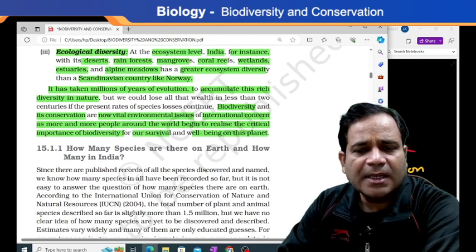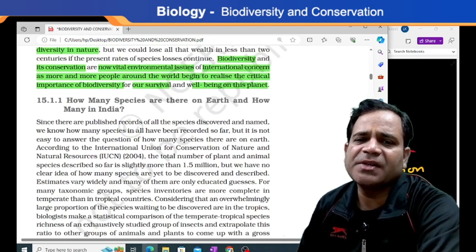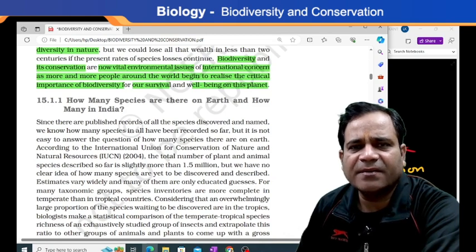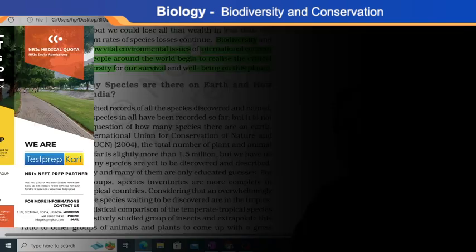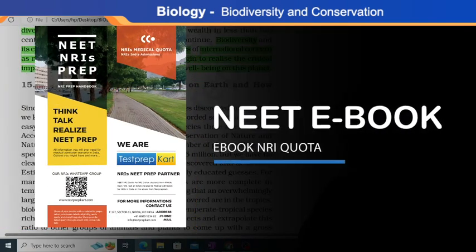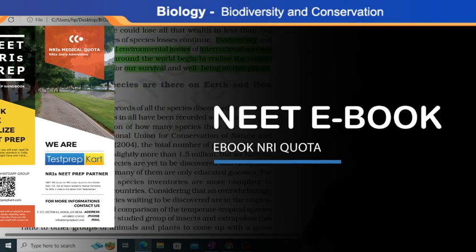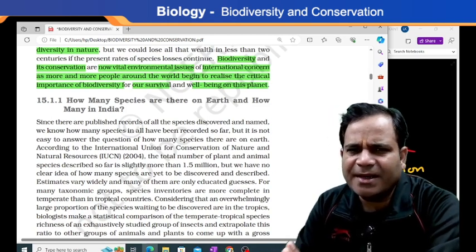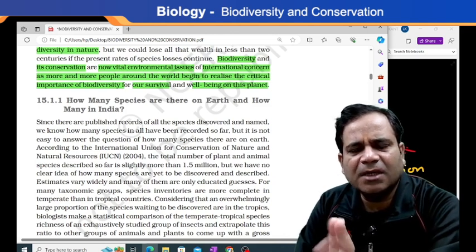According to IUCN, the International Union for Conservation of Nature and Natural Resources, let me see. There are 1.7 to 1.8 million species that we have studied, but approximately 8 to 10 million species on Earth, not 20, sorry.